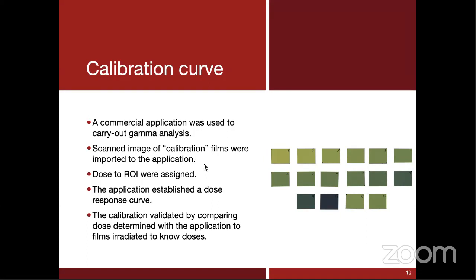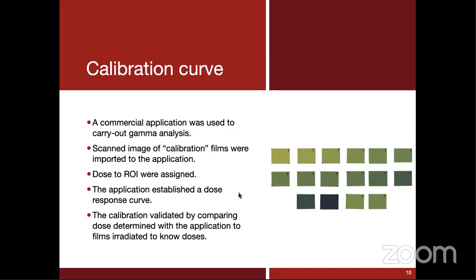It has a module for film calibration. I will select a specific region of interest in this film, and I will specify the dose was, for example, 20 centigrays. This region was 30 or 40, and so on.